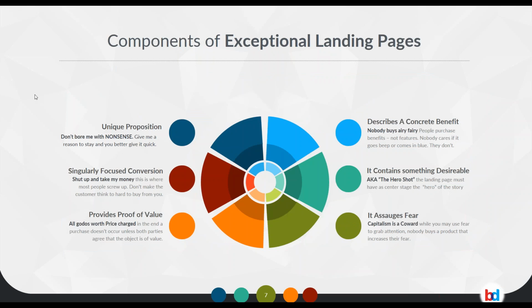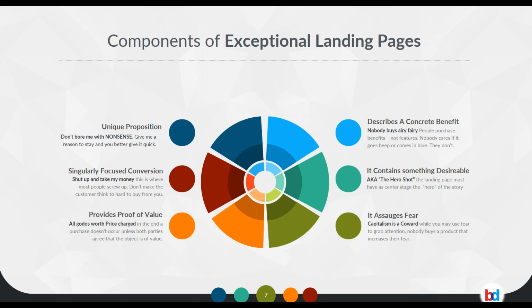Whatever you're doing in a landing page, it really doesn't matter what type it is or what industry you're in or really anything else, the entirety of a sales page, whether it's online or in print, has 6 components to it. There's a unique proposition.